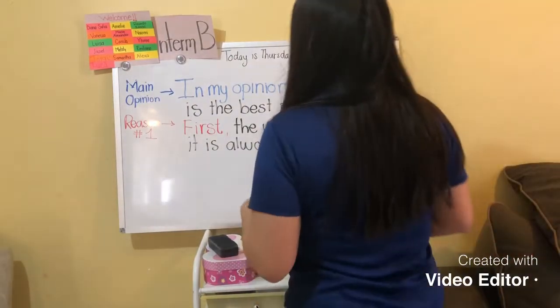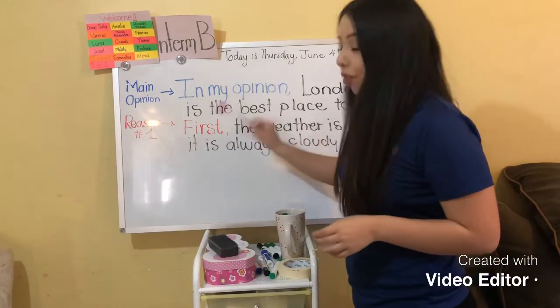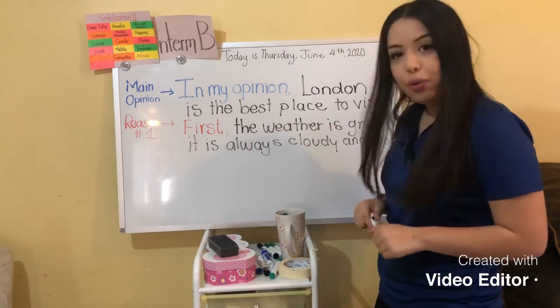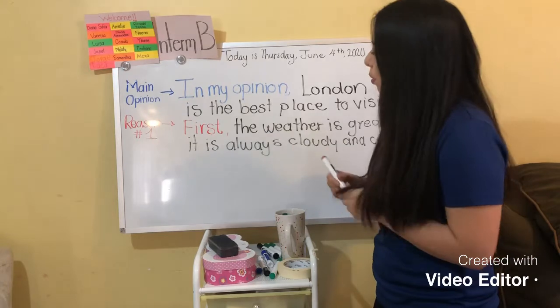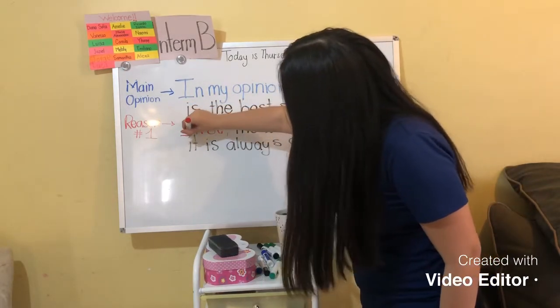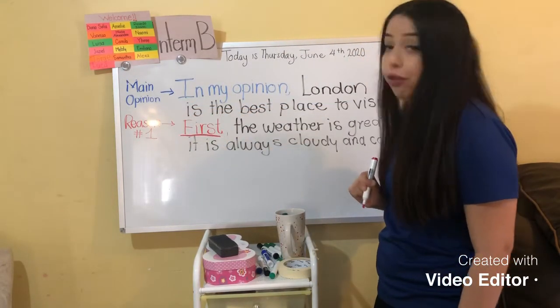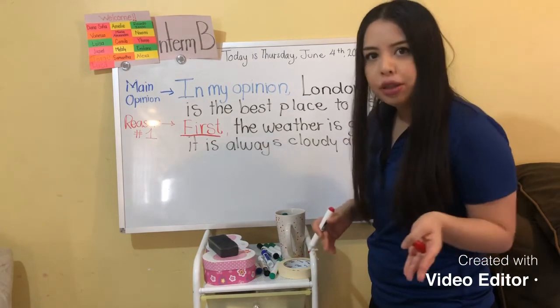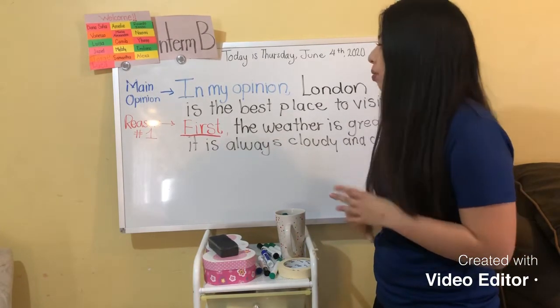First, the weather is great. It is always cloudy and cool. So this is the transition that we're using, first. You can change to another transition, but I chose first.